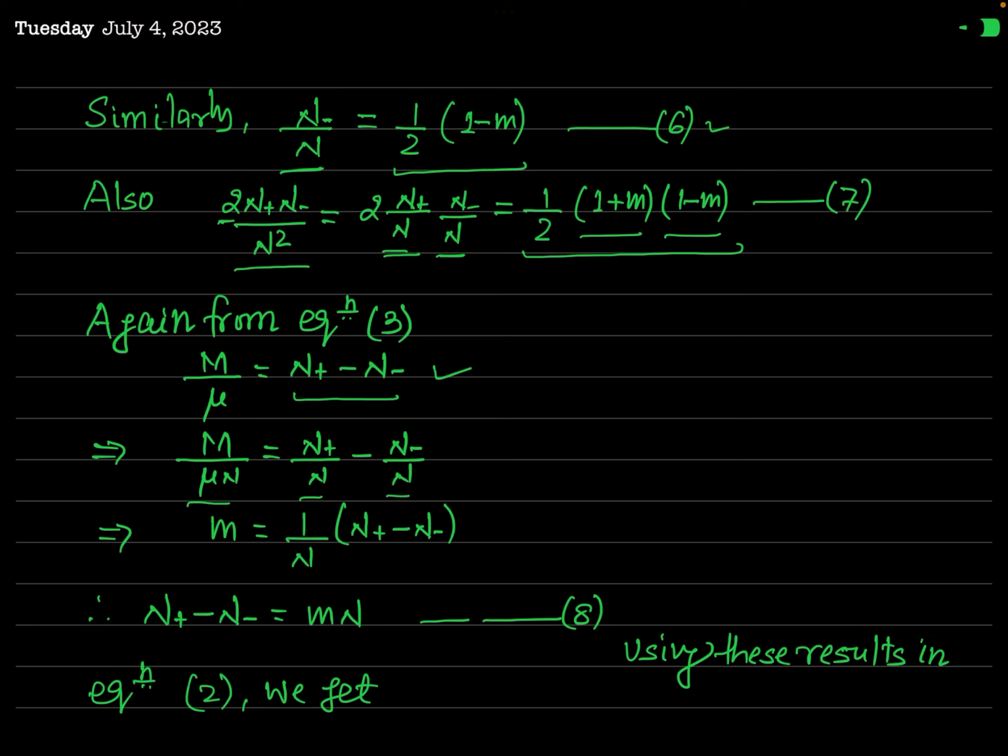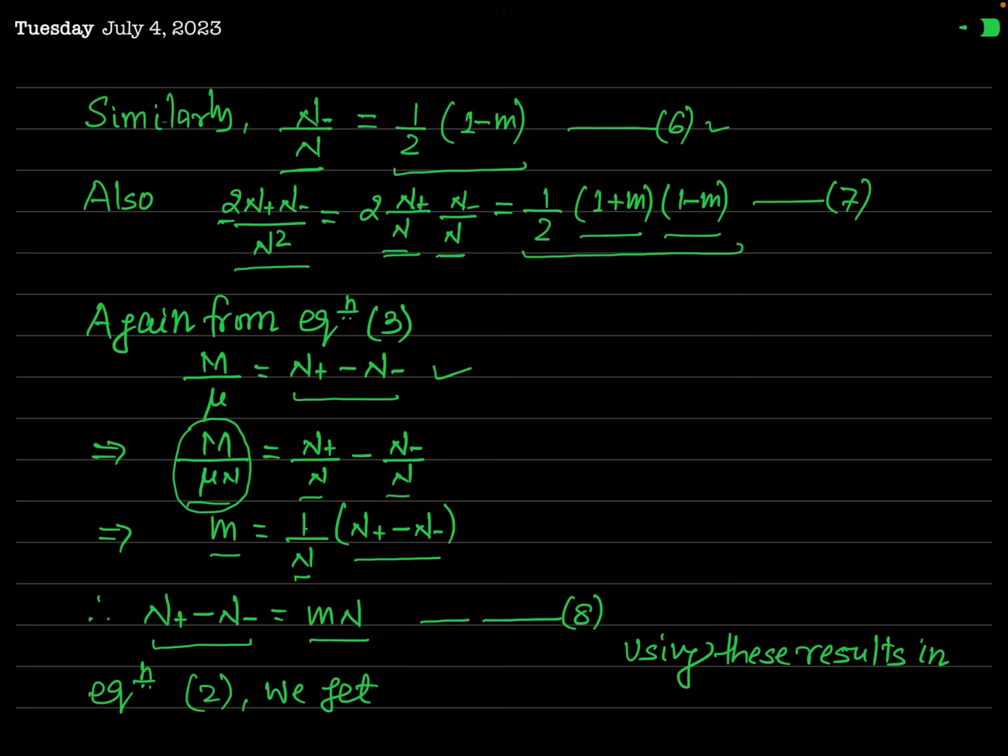But you have seen earlier that m divided by mu n is represented by the symbol m, which is called the long range order parameter, and this m will then be equal to 1 over n times n plus minus n minus. And so you can write n plus minus n minus is equal to mn.